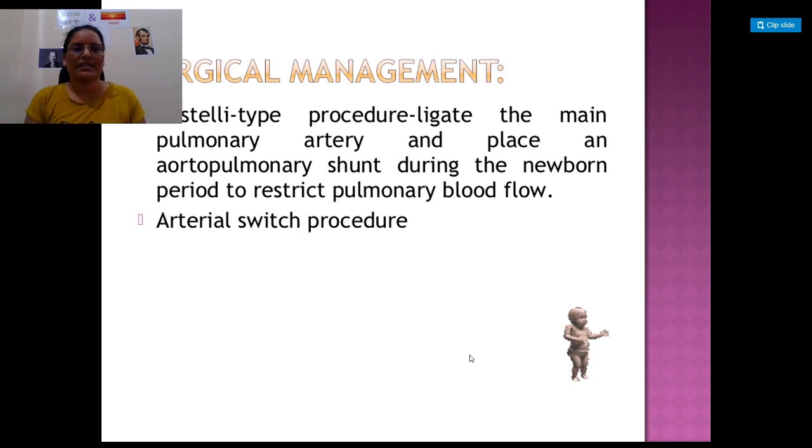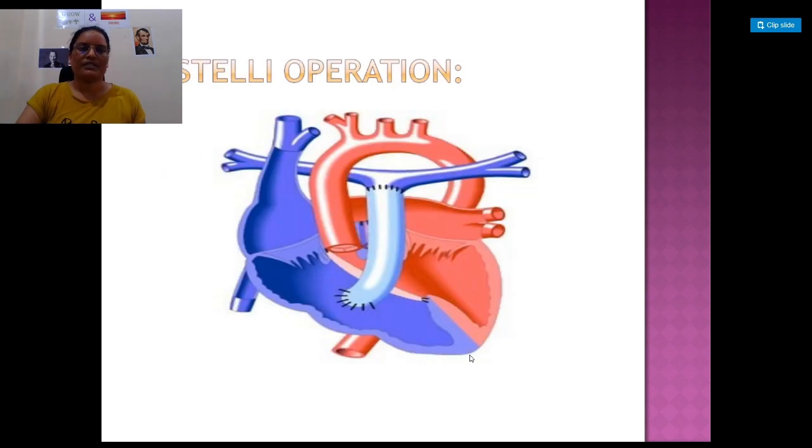Then surgical management: a Rastelli type procedure, ligate the main pulmonary artery and place an aorta pulmonary shunt during the newborn period to restrict pulmonary blood flow, and the arterial switch procedure. Here, with the help of surgery, the pulmonary artery is placed on the right ventricle in its exact place and the aorta on the left ventricle.